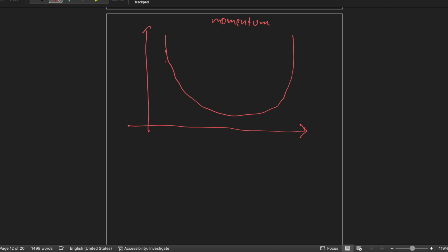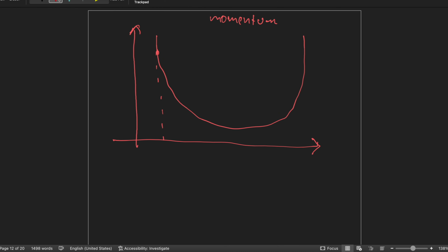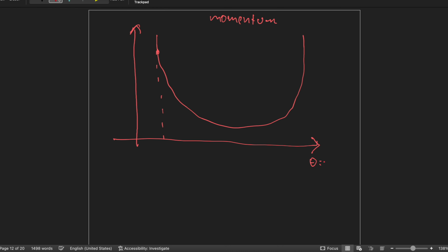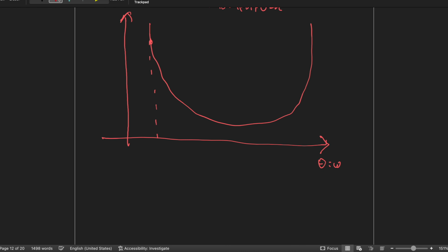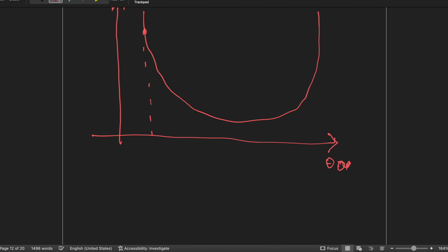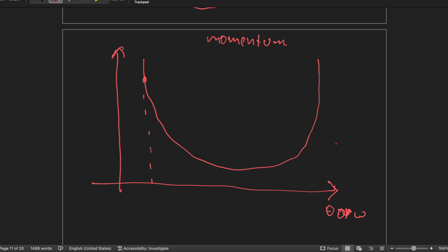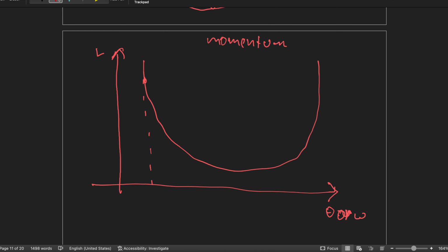Let's suppose that we are starting from this position, a random position, which we call theta or W. We are considering theta or W as our parameter, and we have loss on this axis. The random initialized value of theta or W is, suppose, theta 0.